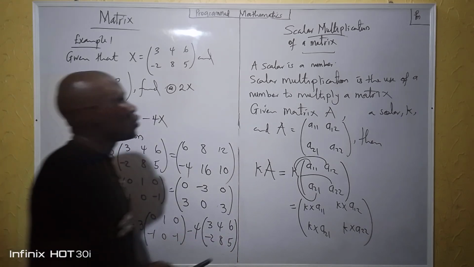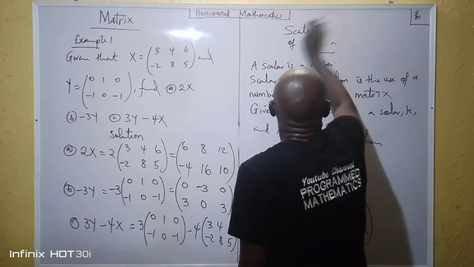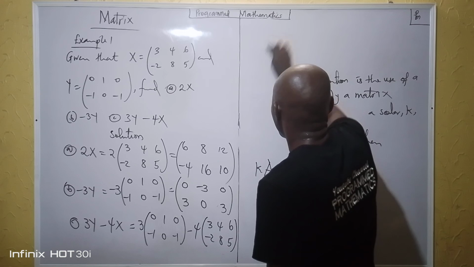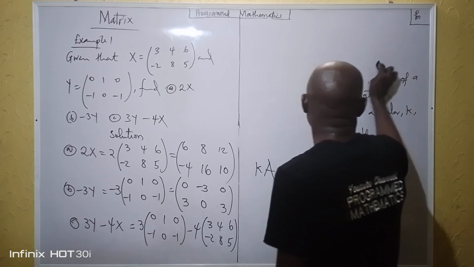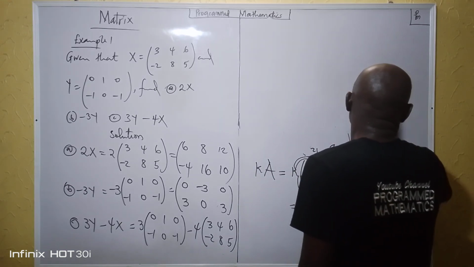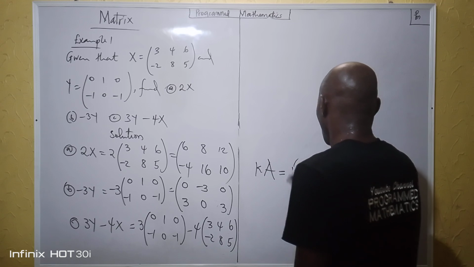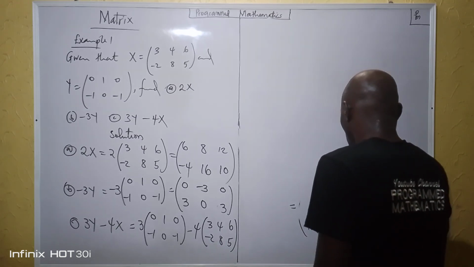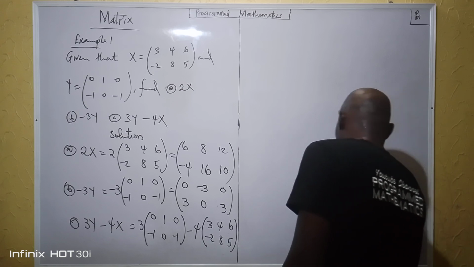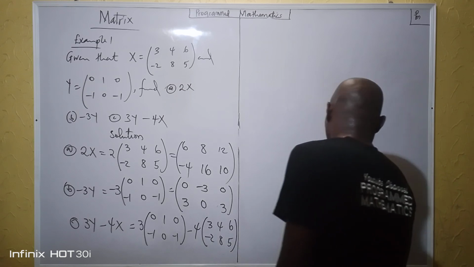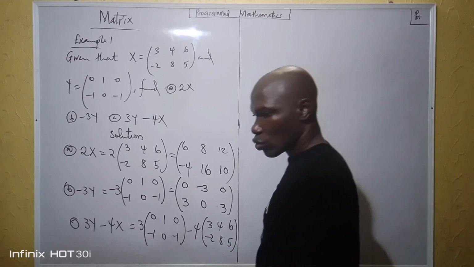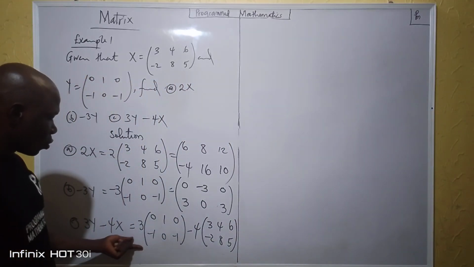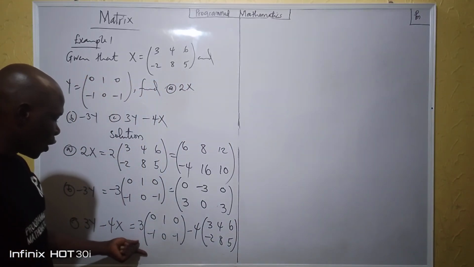You can pause the video at this stage as well and try to solve the problem. At least we have discussed the subtraction of matrices, so you can cross-check your results with what is done here. Straight from here, let's write out the scalar multiplication.